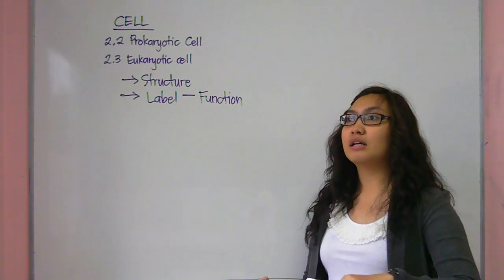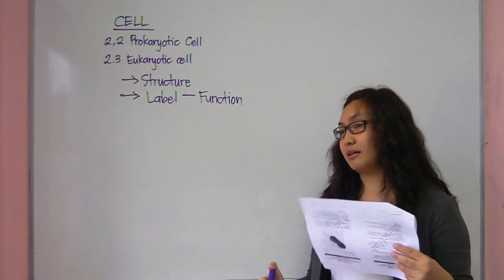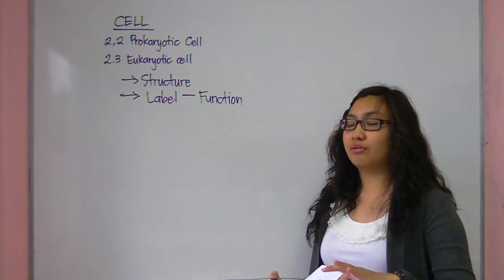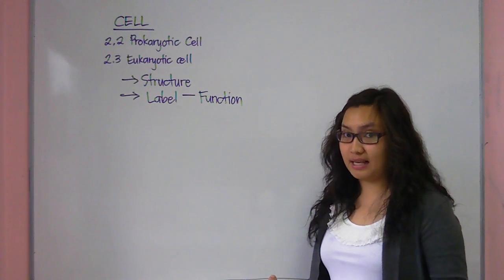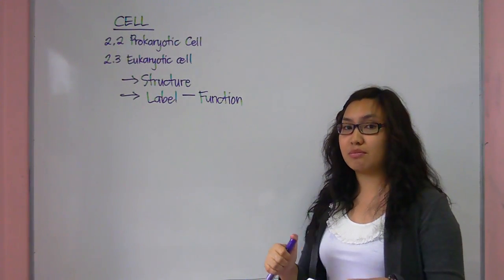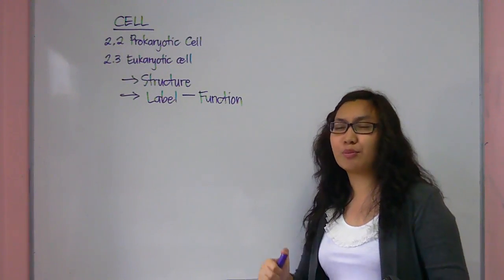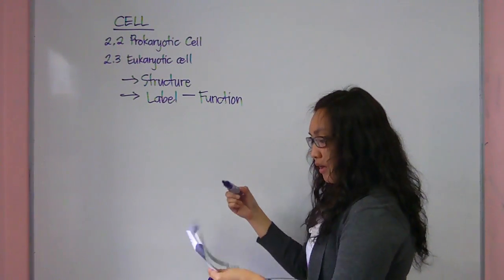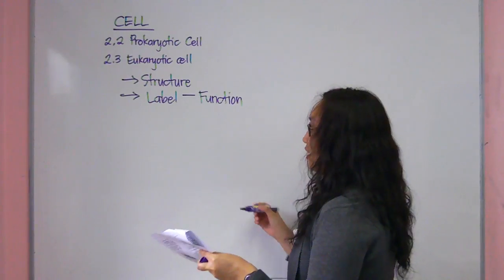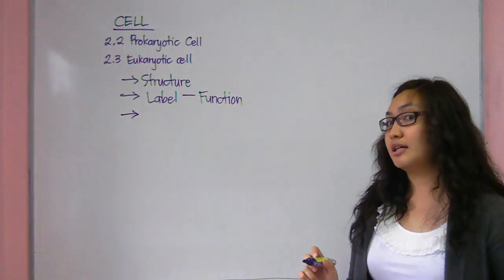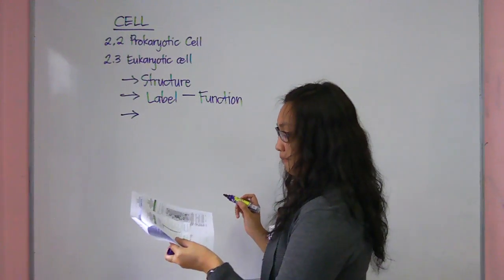In plant cells, cell walls are used to provide a rigid structure, but in prokaryotic cells, the cell walls are used for protection.